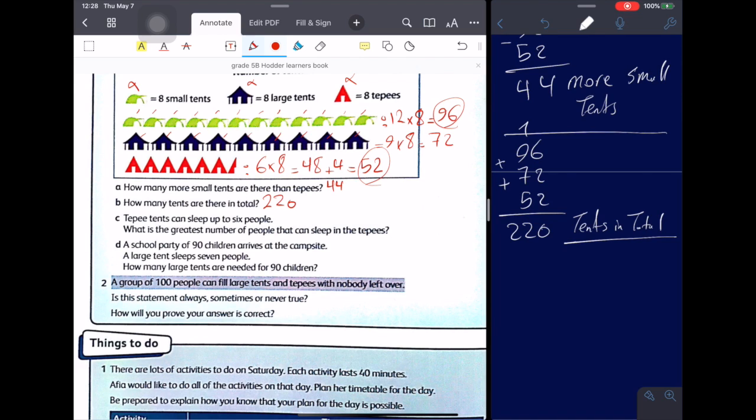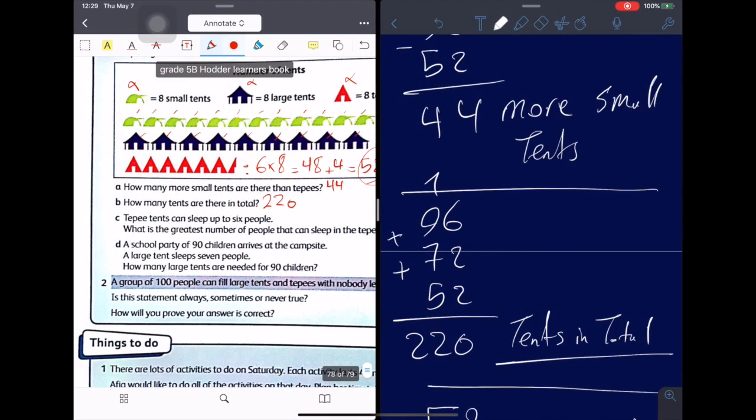Teepee tents can sleep up to 6 people. What is the greatest number of people that can sleep in these tents? Okay, we have teepees that can hold 6 people. If you remember, we had 52 teepees. So if we have 52 teepees and each teepee can sleep 6 people, let's do the calculation.